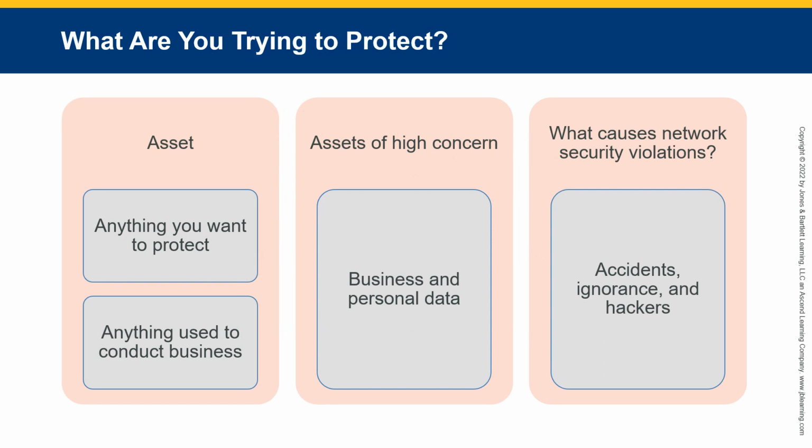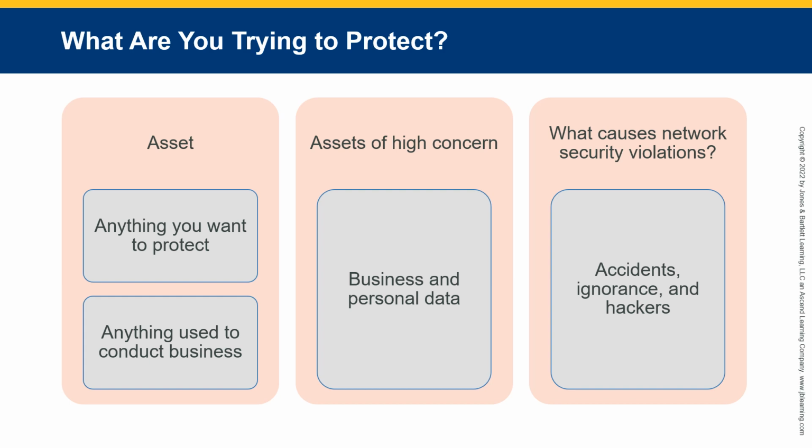So what are we actually trying to protect out there? We have our assets that we try to protect, and this is anything you really want to protect. It could be anything used to conduct a business. Assets of high concern are things like business and personnel data, trade secrets, and so on.